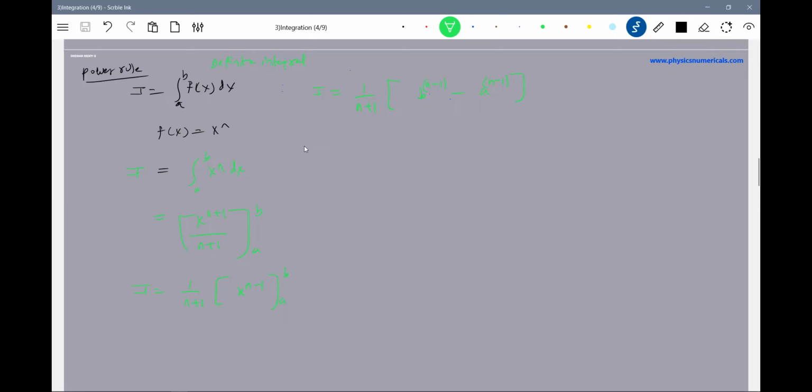So a definite integral leads to a value. I'll write a comment: definite integral leads to a value.